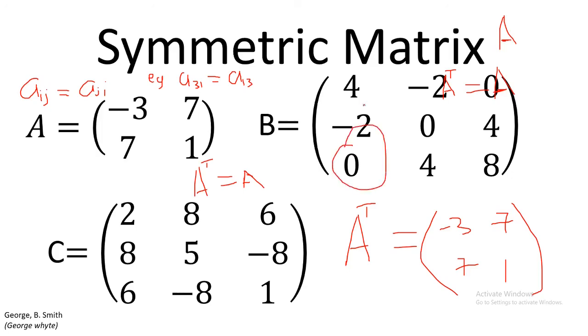Then A13, row 1 column 3, is this. So you can say A31 and A13, they are the same. So when you look at all cases, this symbol is for all, for all cases, the Aij and the Aji, they are the same thing. That matrix becomes a symmetric matrix.